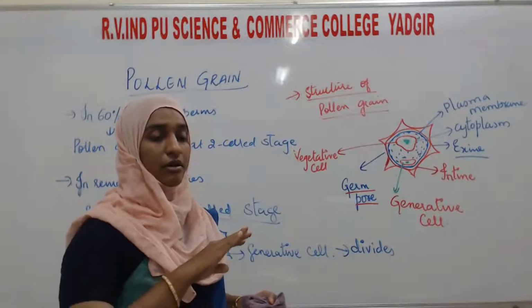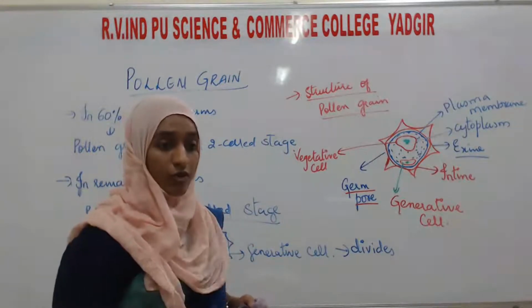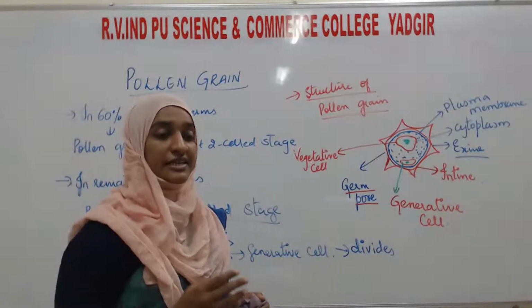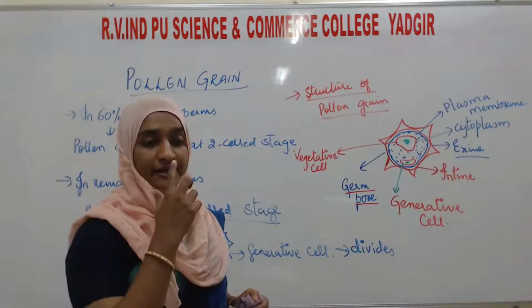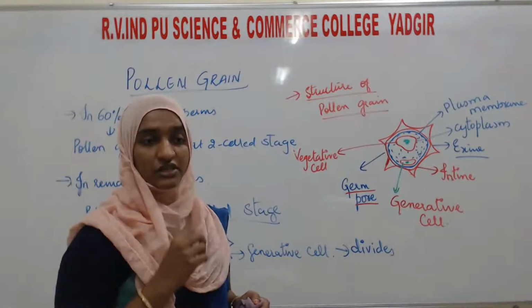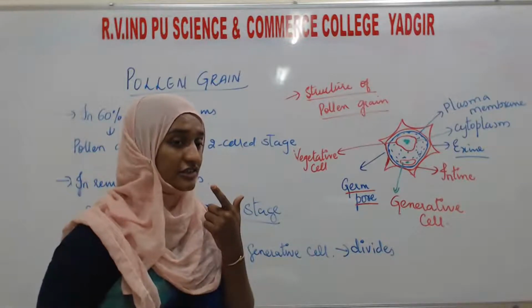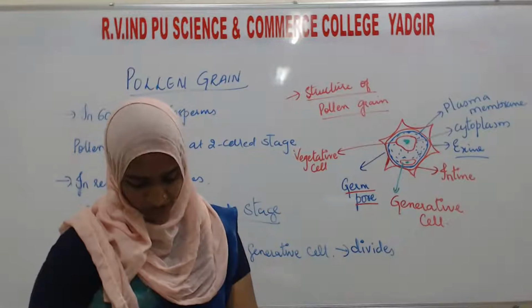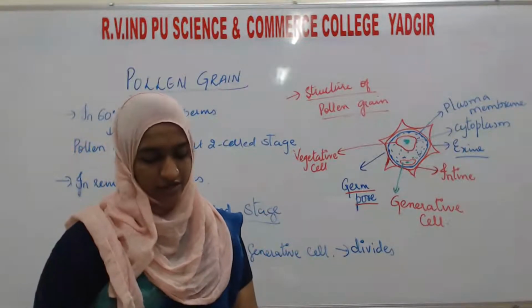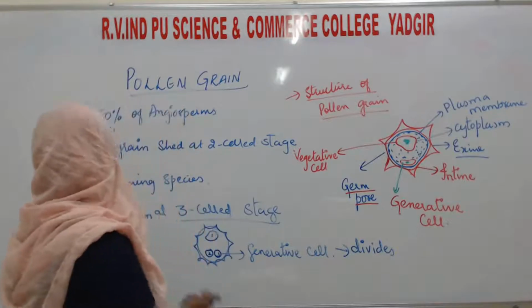So they will be present not only on the flower but in the atmosphere. It is going to affect human beings. How? It will enter into the nostrils or into the mouth. If it enters the nostril, it will enter into the lungs. If it enters the lungs, it can cause some allergic diseases. See here.